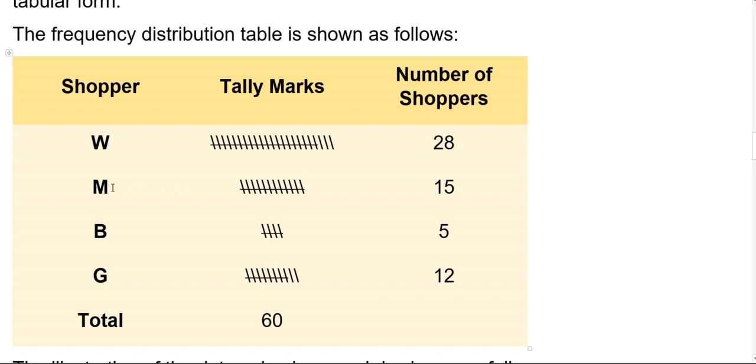Now look at this. Men are 15: count the M's, it is 15. Here we count 1, 2, 3, 4, and one strikeout is 5. Then 6, 7, 8, 9, strikeout is 10. 11, 12, 13, 14, strikeout is 15. Boys are 5.